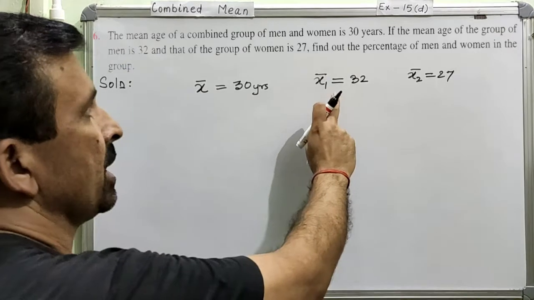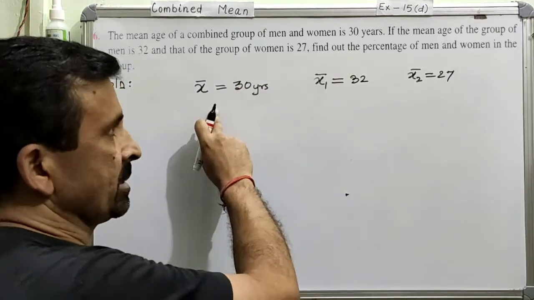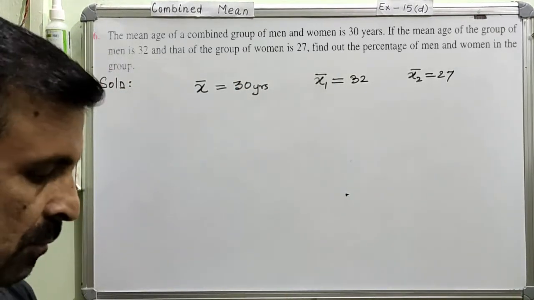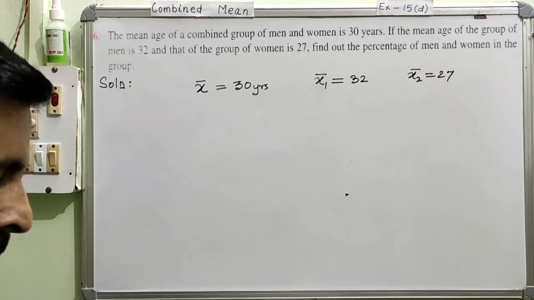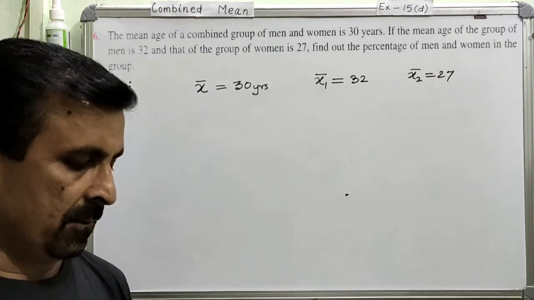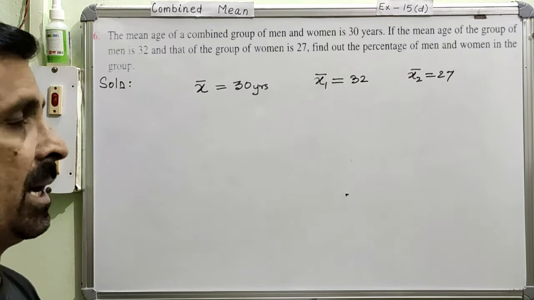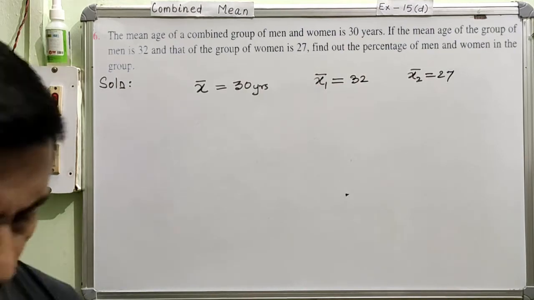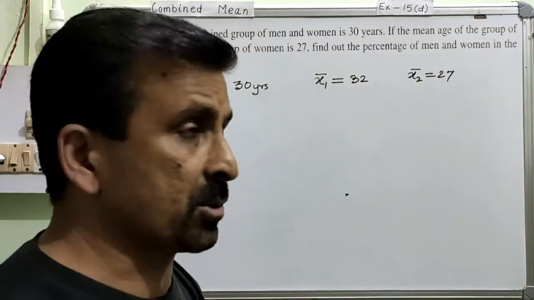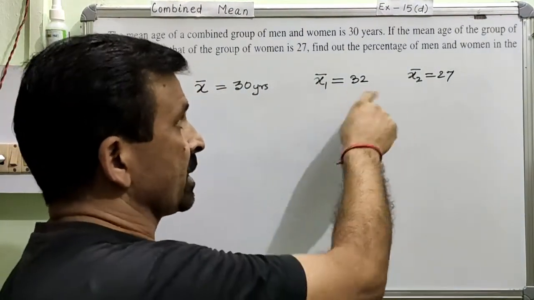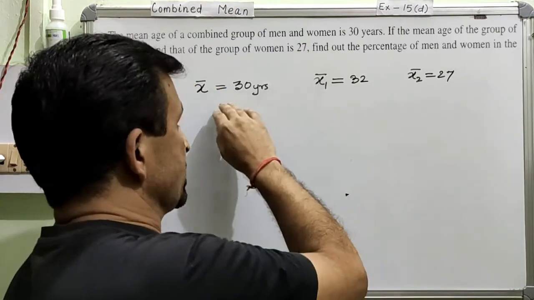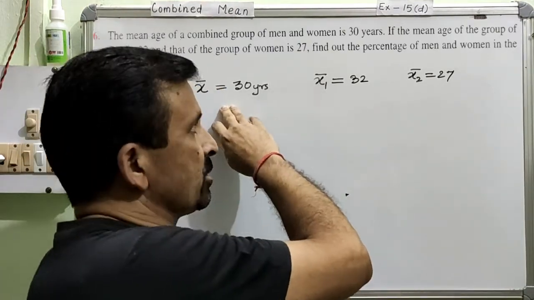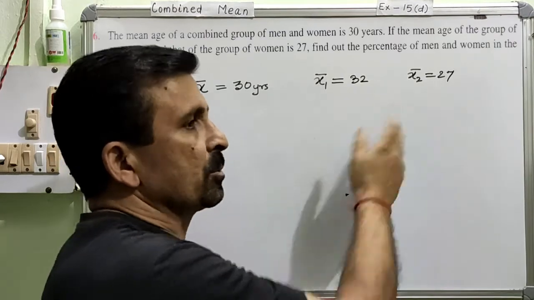Is it okay? We have only these three pieces of information. We have the mean x1, x2, and then we have the combined mean. Now with this information, they are asking us to find out the percentage of men and women in the group. So this question becomes a little different from the previous question, because in the previous question they used to give us the number. Because the combined mean is given, at least one number should be given.